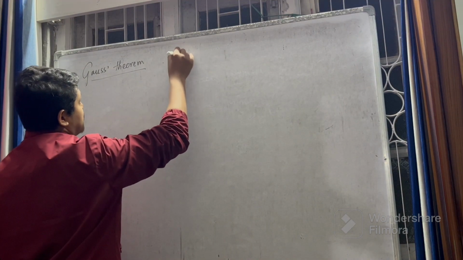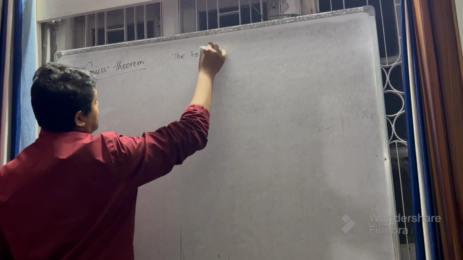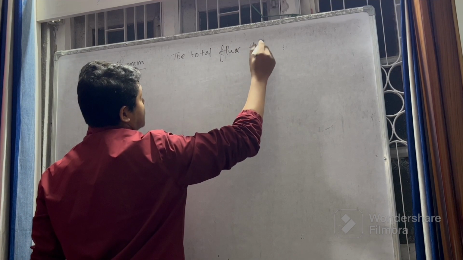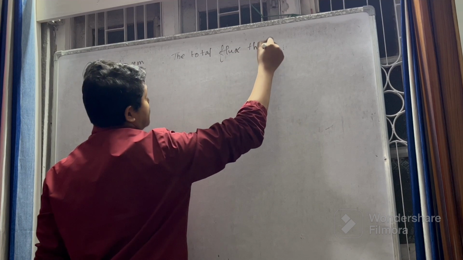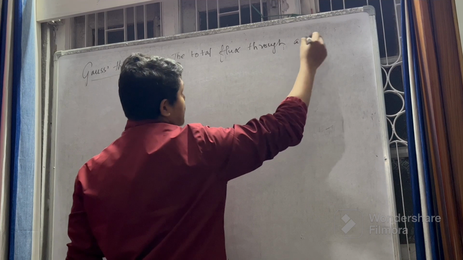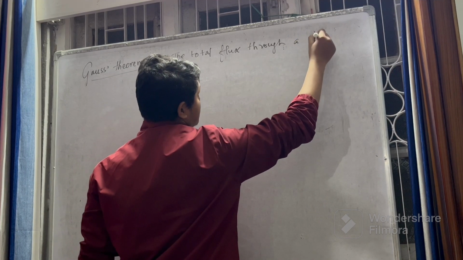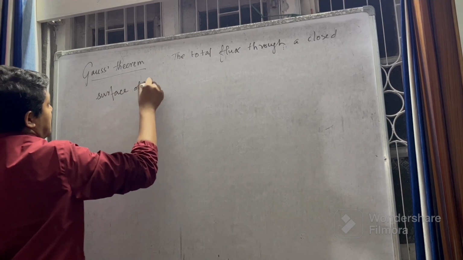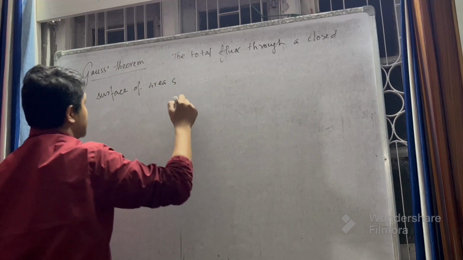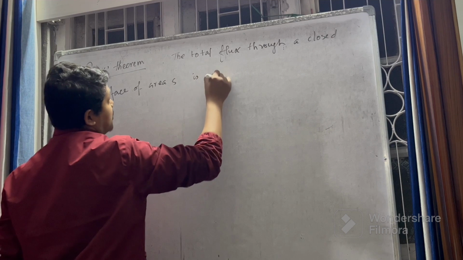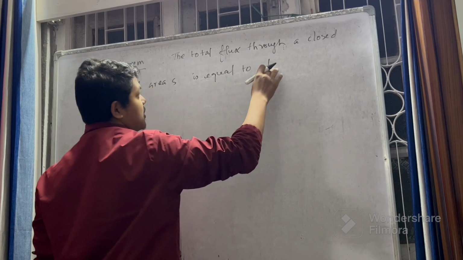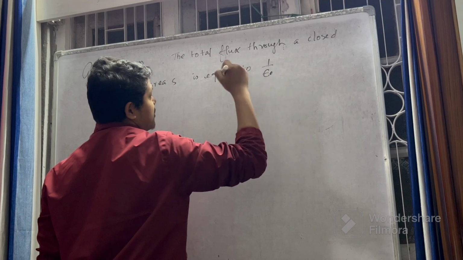So we can write, the total flux through a closed surface of area S is equal to 1 by epsilon naught, epsilon naught, you know, the permittivity of free space, right?